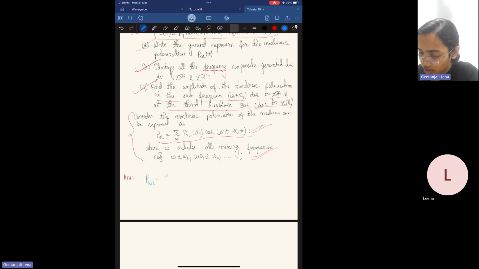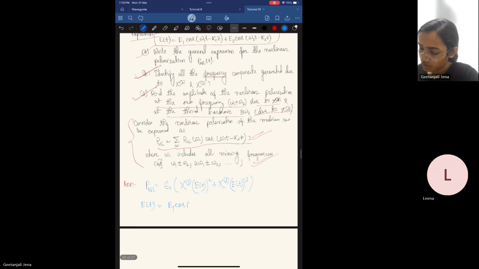That means P_NL is epsilon naught chi2 E_t squared plus chi3 E_t cubed. And E_t is given as E1 cos(omega 1 t minus k1 z) plus E2 cos(omega 2 t minus k2 z).